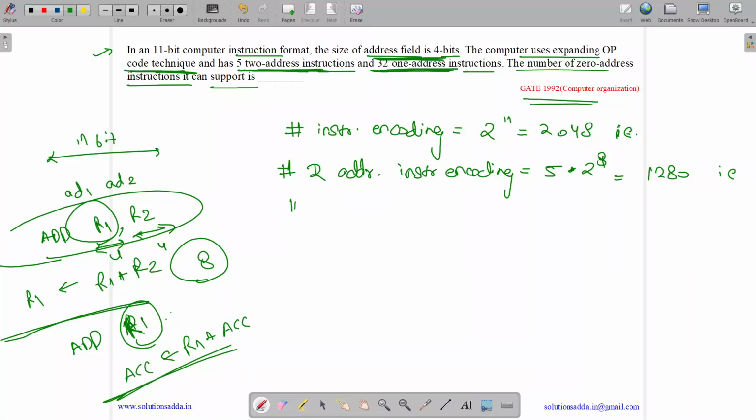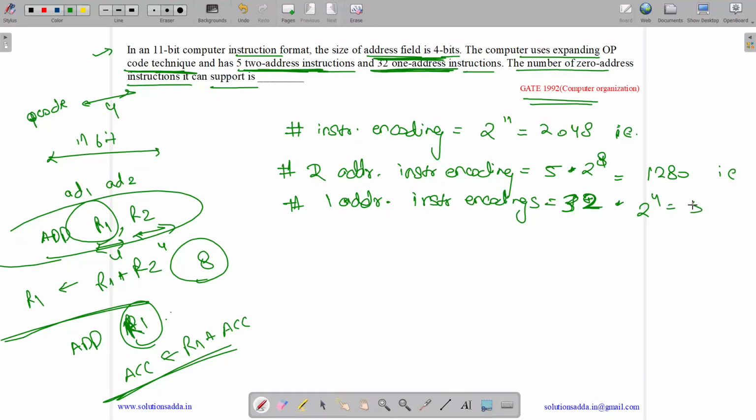Number of one address instruction encodings: only 32 are there. And what is the size taken? We have an opcode and an address. So address size is 4 bits, so into 2 to the power 4. So we get it to be equal to 512 instruction encodings.